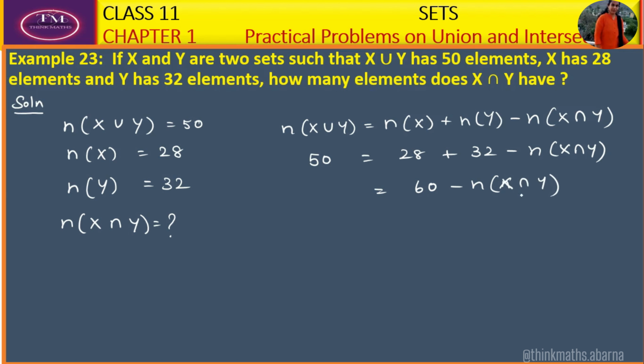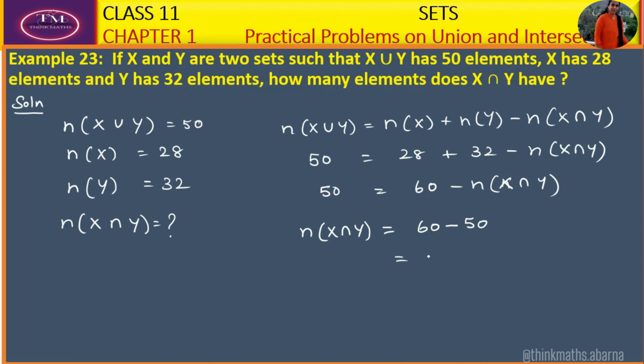Now we have to find out the number of elements in x intersection y. So it is in the RHS, we will take it to the LHS. So minus will become plus. So the number of elements in x intersection y will be equal to what is in the RHS, 60. In the LHS, we already have 50. When it goes to the RHS, this plus 50 will become minus 50.